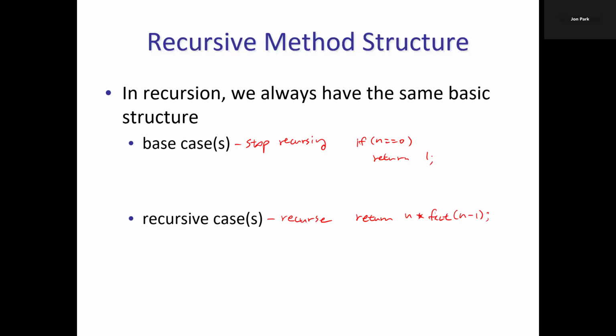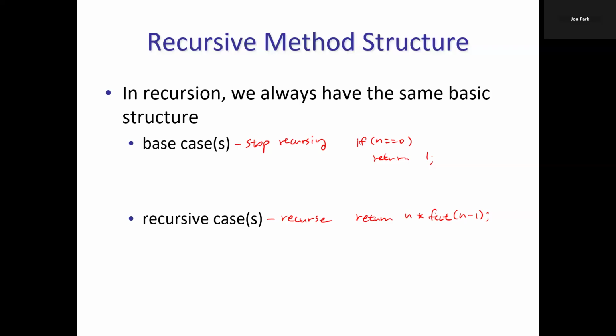So you know you have both, and I like to have a very clear distinction between the base cases and the recursive cases. When you have multiple of these and multiple of these in the same method, it's sometimes possible to have them intermixed. But I like to keep all the base cases at the top, all the recursive cases at the bottom.